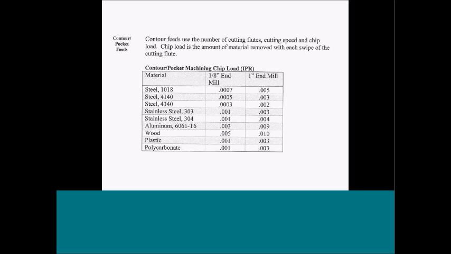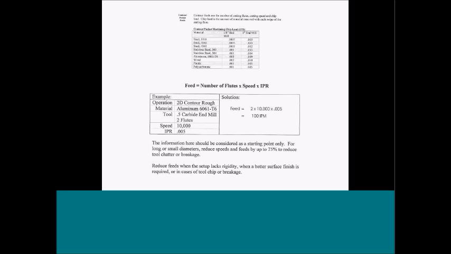Chip load. Different sizes, 1/8 inch mill versus 1 inch. Various steels. And again, another example.